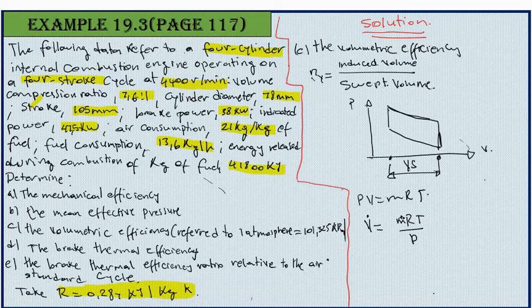This mass rate is for air. This relation is applied only with air, not other gases, because we have the value of R, which is 0.287.